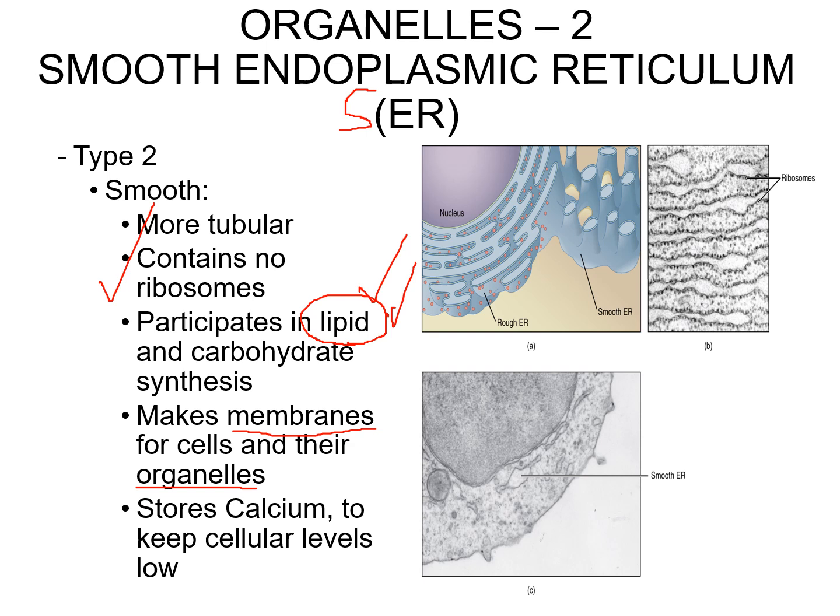And then another cool thing that the smooth ER does, specifically in your muscles, is it stores calcium. We're going to talk about this more in chapter 10 or 11, one of those. And that is going to be extremely important. Calcium, very, very vital. You can't live without calcium in your body.